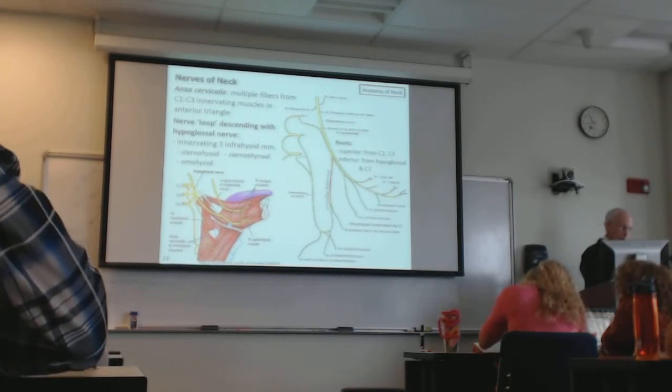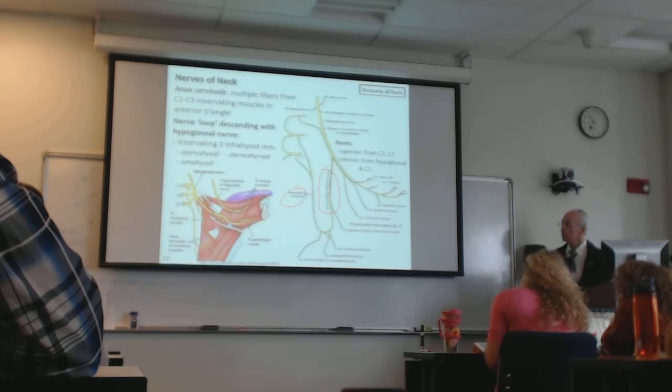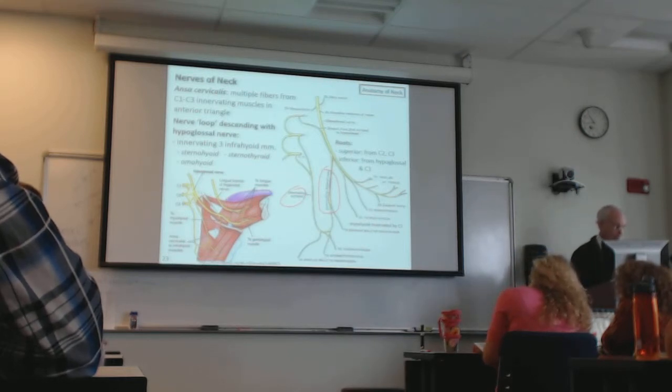Sometimes you'll see reference to the descending cervical and the descending hypoglossal branches, but it basically forms that curious loop, the ansa cervicalis. These are components of the cervical plexus.